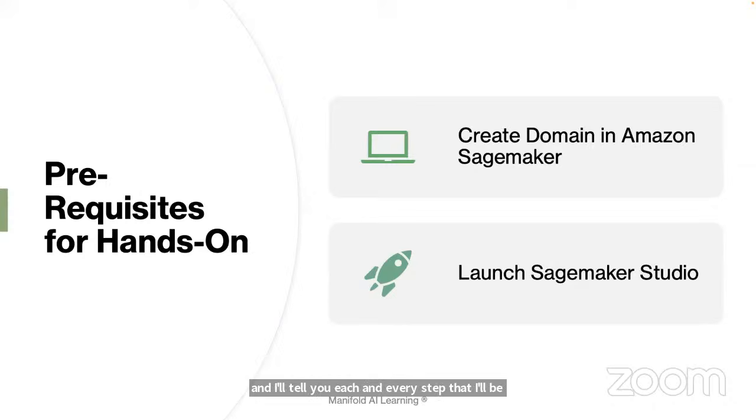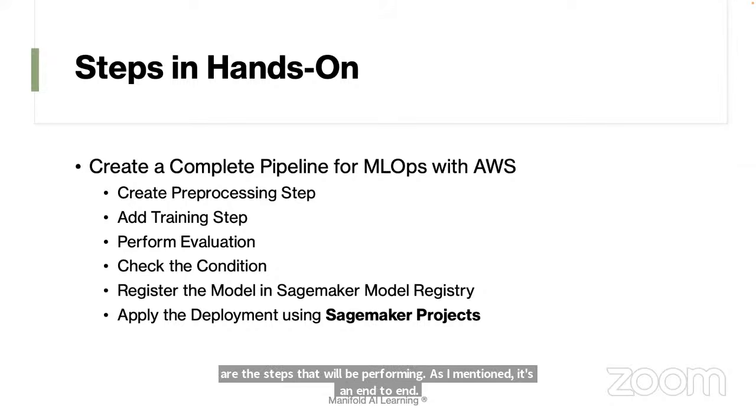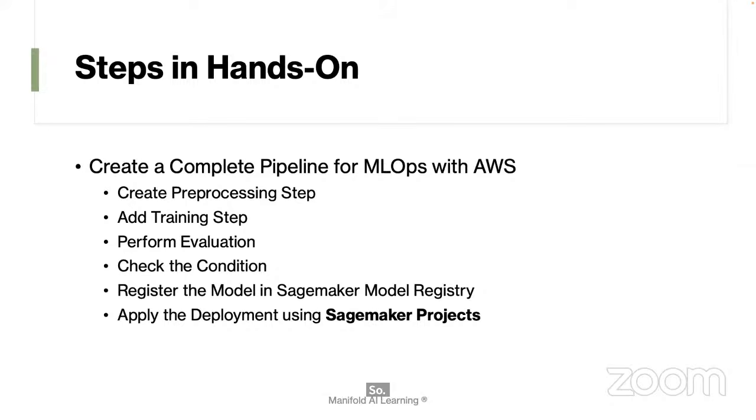Overall, these are the steps that we'll be performing in this hands-on. As I mentioned, it's end-to-end. First, we'll start by creating the complete pipeline for our MLOps. We'll take up a project, a task, and using that task, we'll add the various steps to it. We'll add the pre-processing step, the training step, the evaluation step, and also a condition step.